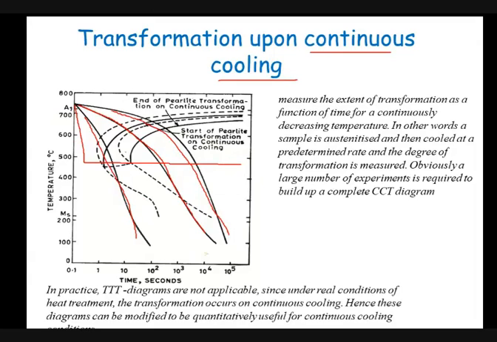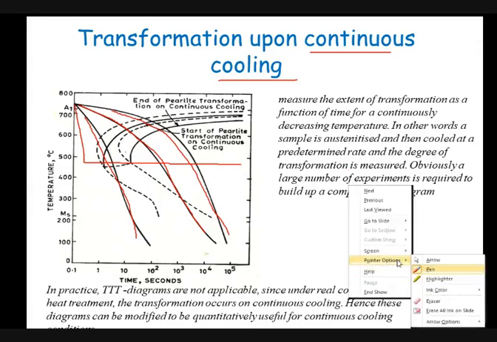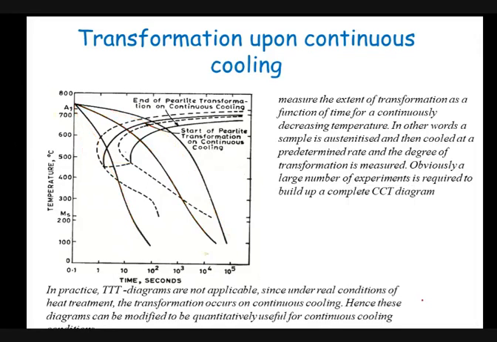Yes, there are certain alloying elements where a bainitic bay in the continuous cooling transformation is also possible. This one bay is up to this point, and you will get another bay here.